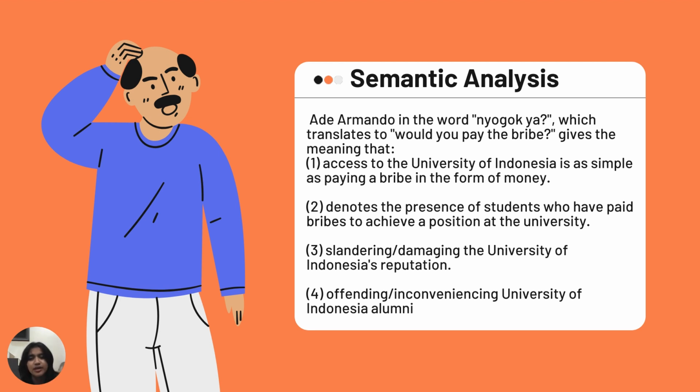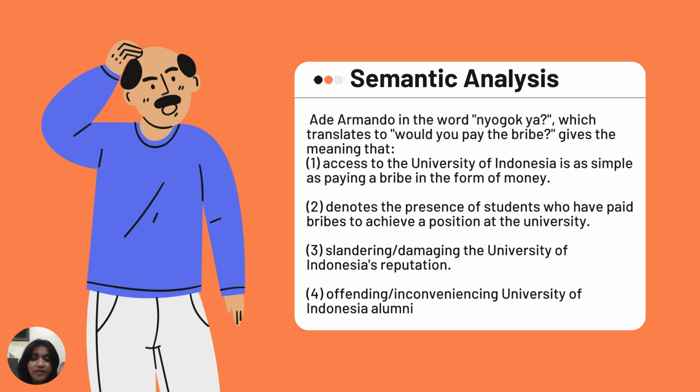In the linguistic approach used to analyze language and existing utterances, I use the theory of semantic analysis. This means I find out what meaning we could find in the utterances of Ade Armando.